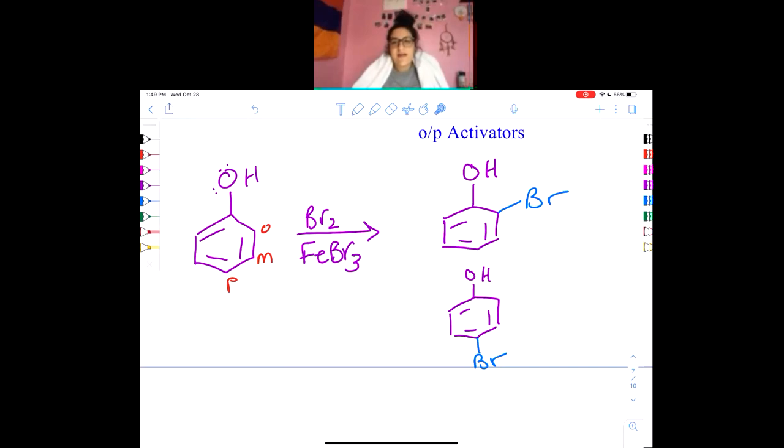What I had asked before I drew this out is, what do you guys think is more likely, ortho or para? It seemed most people said ortho, and I'm guessing your reasoning is because there's two ortho positions, right?